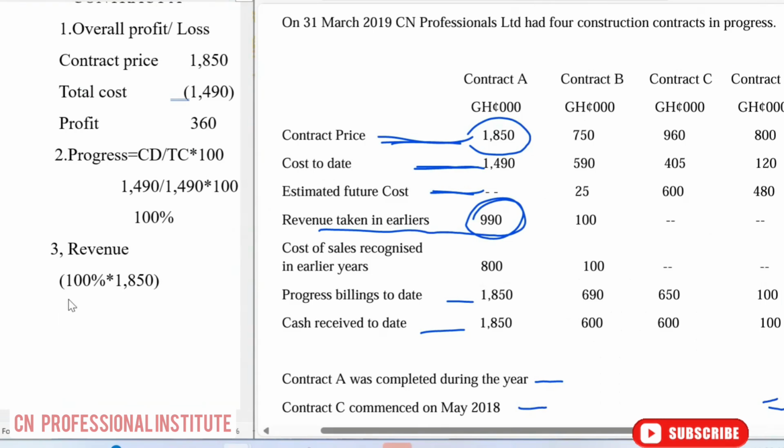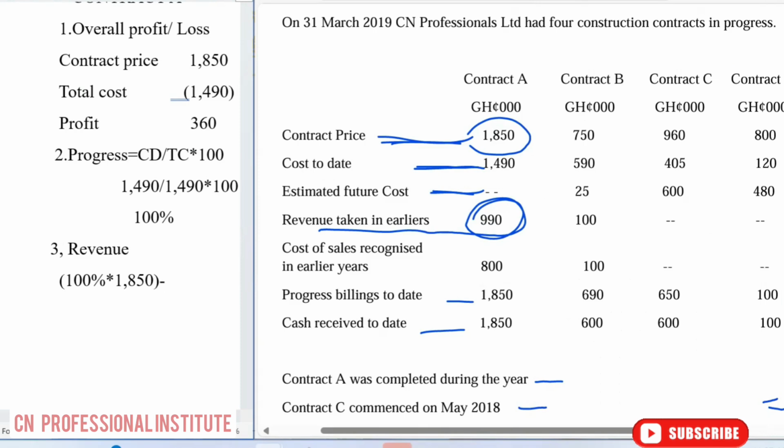And we said that, okay, if the contract is not at the first stage, but it's at the second or third, and therefore a portion of revenue has already been recognized, when we apply the progress rate on the total contract price, we have to deduct the previous revenue recognized, because this profit or loss and the items are not cumulative. They're just items for only the year. Are you following? So we have to go and deduct any previous revenue recognized.